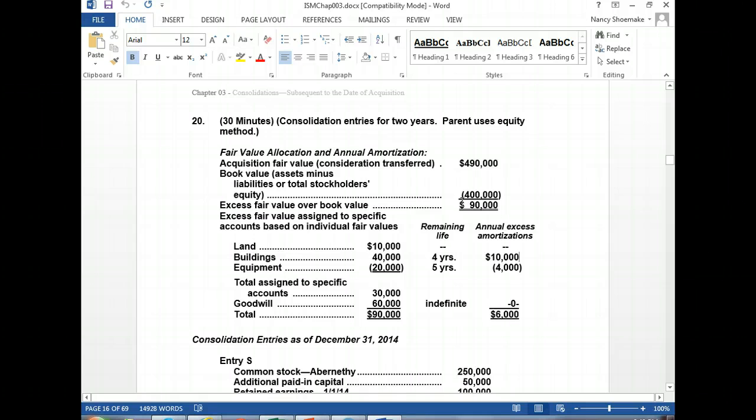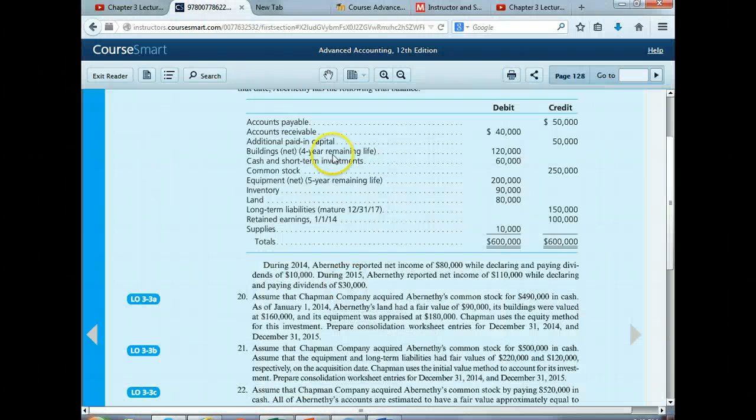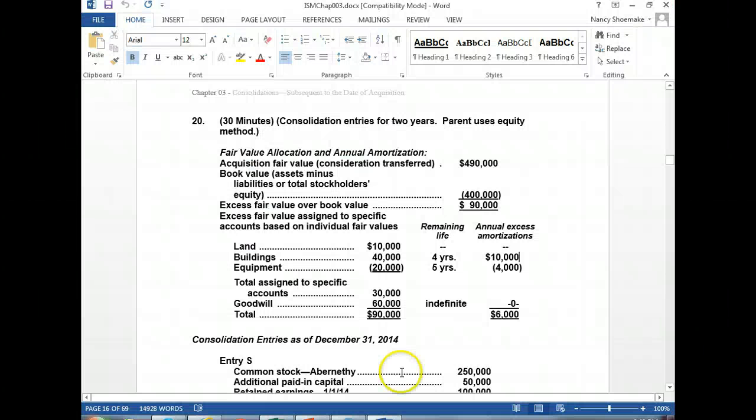It told us that the land's fair value was $10,000 more. Land never is depreciated, ever. The building, it told us, the fair value is $40,000 more than the book. Now we found out that there were 4 years remaining. Do you see how we see it here, 4-year remaining life? So we're going to take this excess $40,000 and divide it by 4 years, or $10,000 a year we have to allocate to the building.